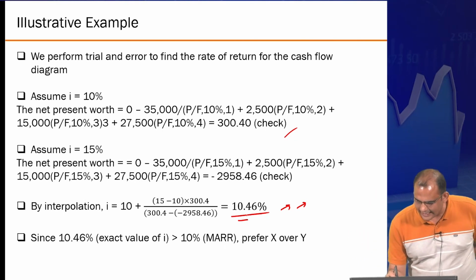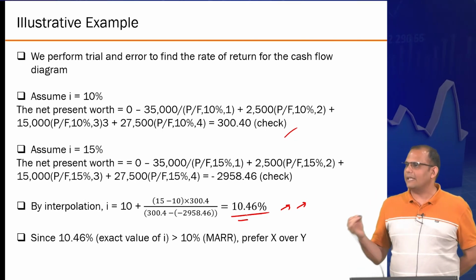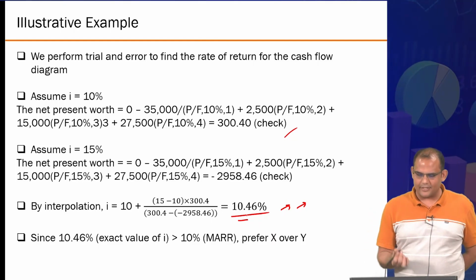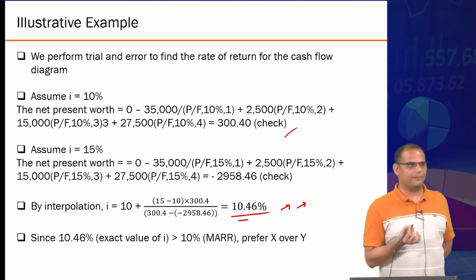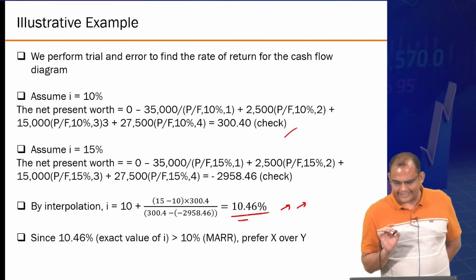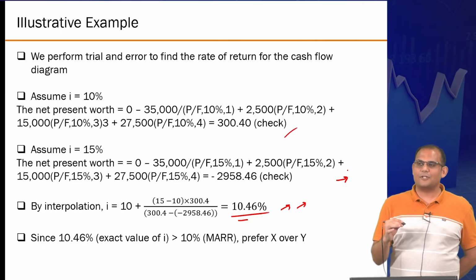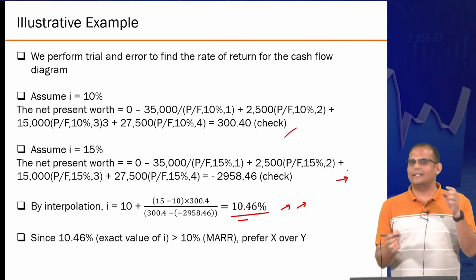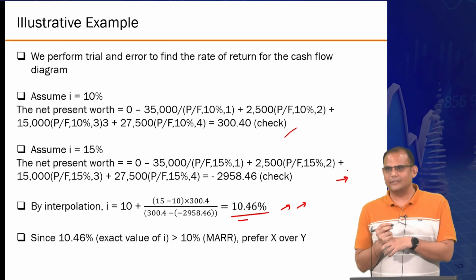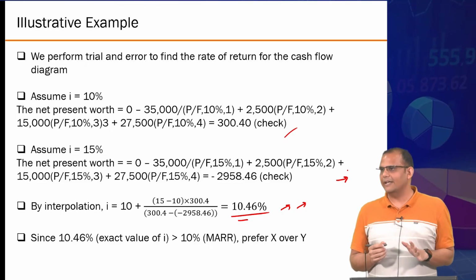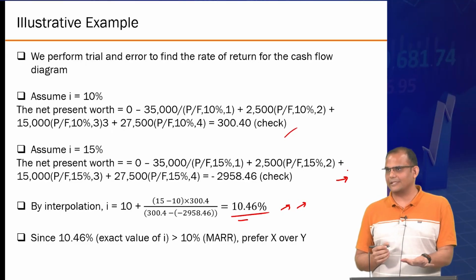Now 10.46 is greater than your minimum acceptable rate of return, MARR. So it means you should prefer option X over option Y. Now, here's the trick. If somebody does not ask you what the incremental rate of return is, just to decide whether X is preferable over Y, you don't need to do the whole calculation.